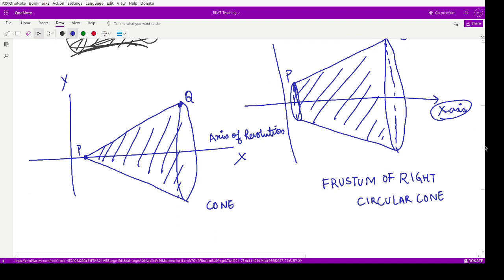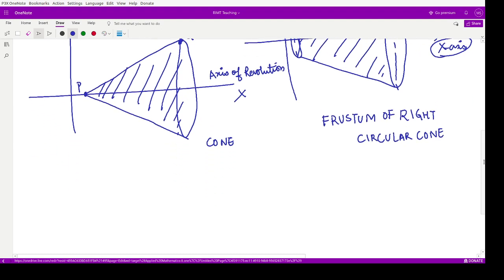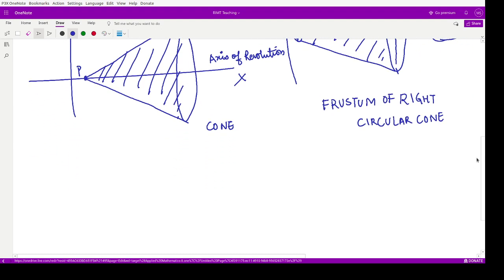So here we are interested in calculating their volumes. For volumes we can either use triple integrals or we can integrate their areas.